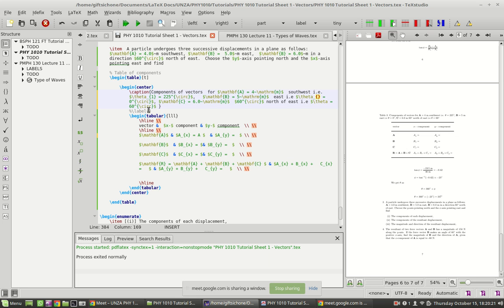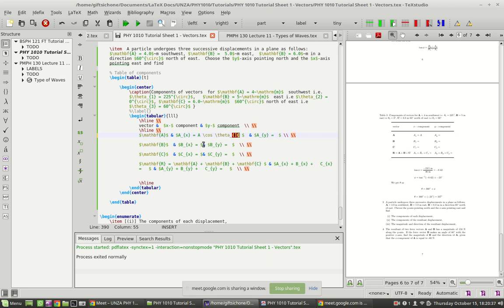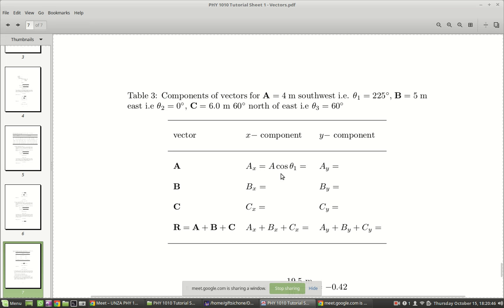Just a minute. I want to modify these angles so that you can differentiate them, so I'm adding a subscript 1, 2, and 3. So the magnitude of A times cos of the angle theta 1, the angle it makes with the x-axis.